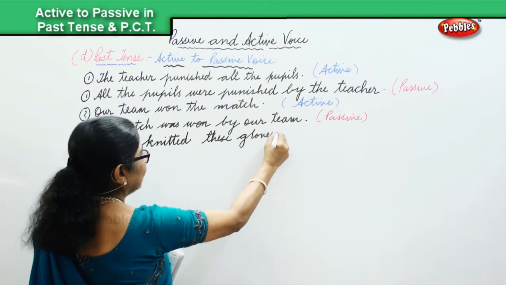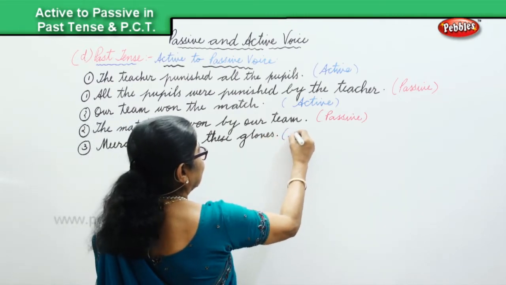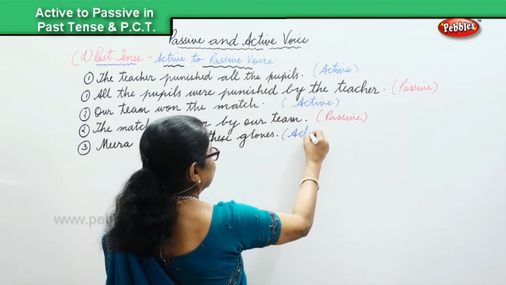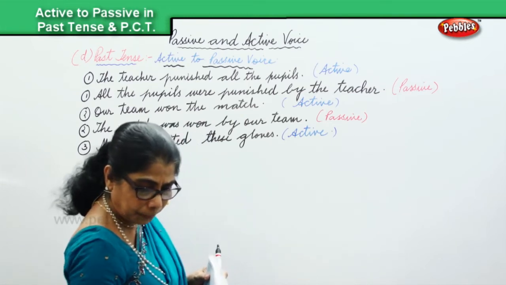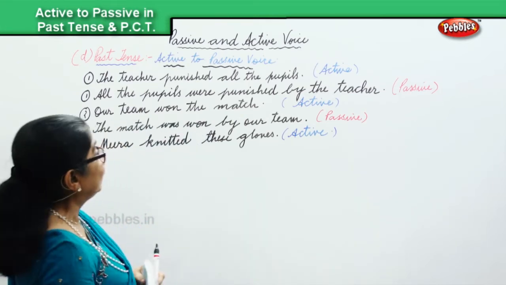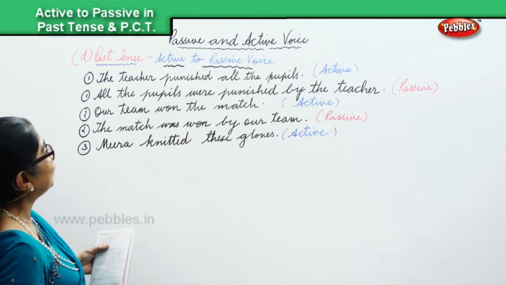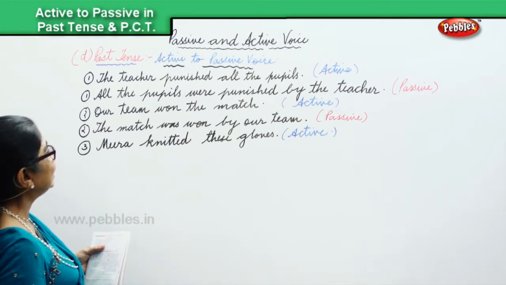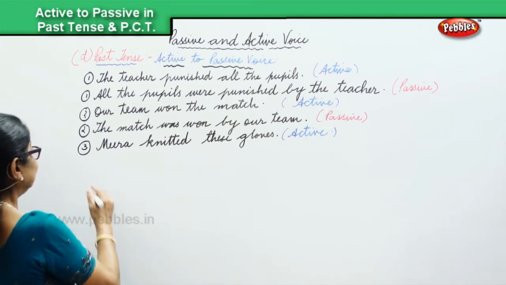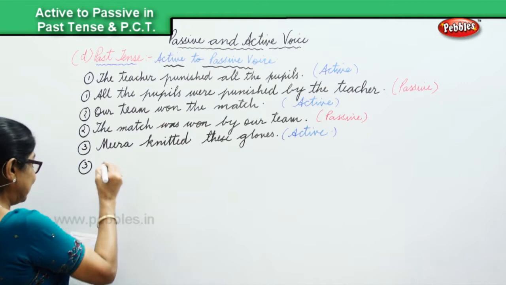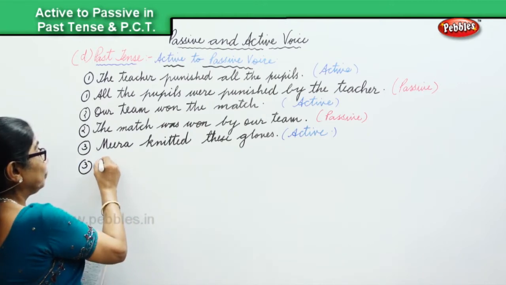And that's the active voice. Okay, now let us change to the past tense into the passive voice. These gloves were knitted by Meera. Okay? These gloves were knitted by Meera.